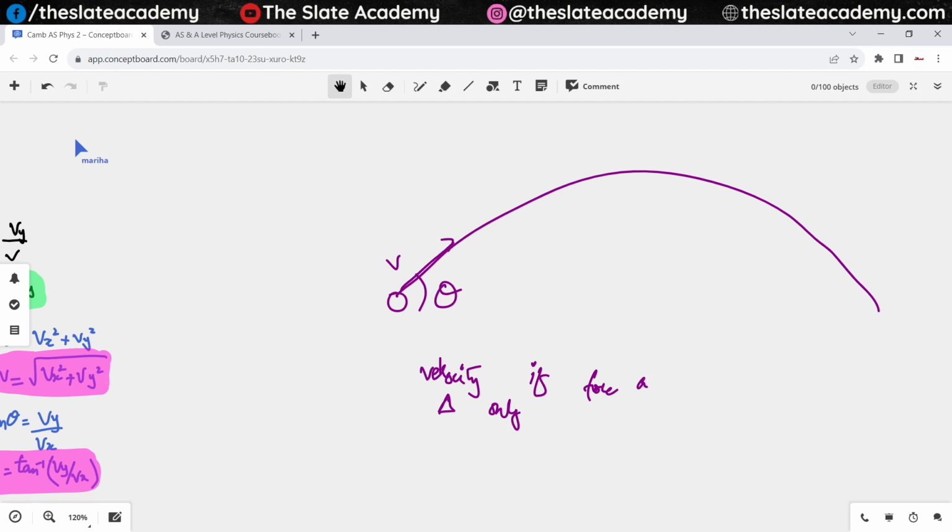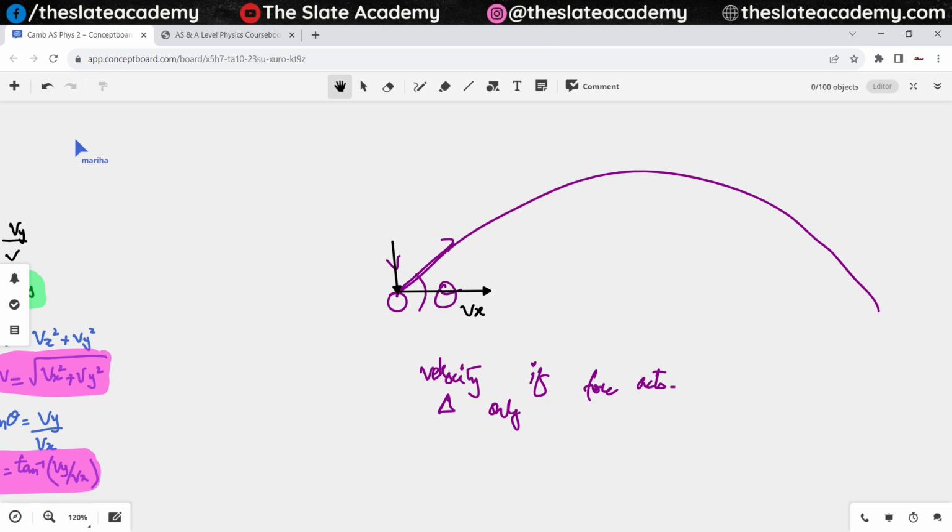Now we will make a slightly more enriched statement. This velocity is at an angle, so it has two components. It has a horizontal component, which we'll call Vx, and a vertical component, Vy.